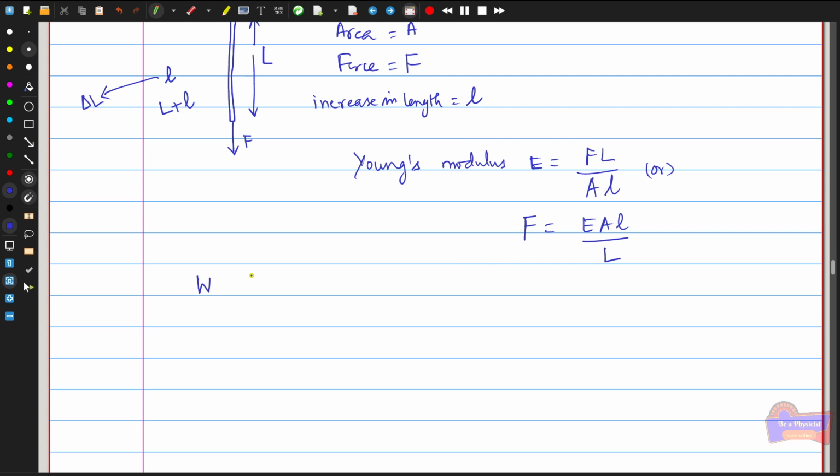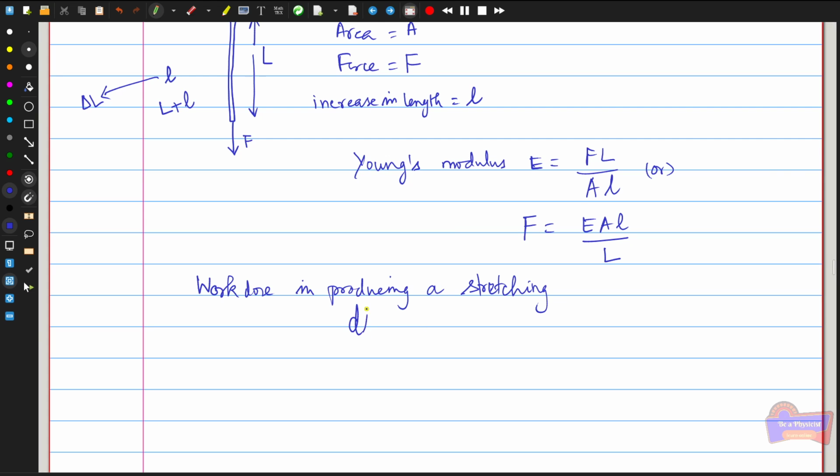Suppose I remove this force, work is going to be done in producing a stretching. Let us take a small dl, a small deviation in length.